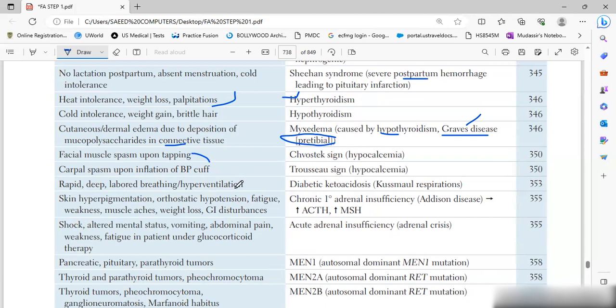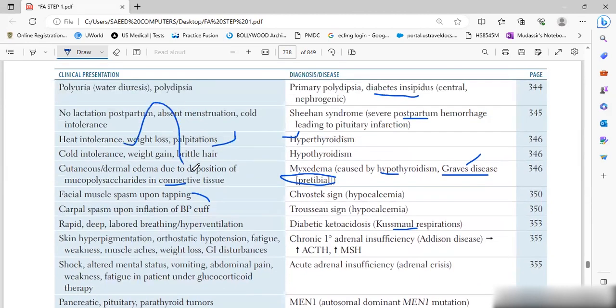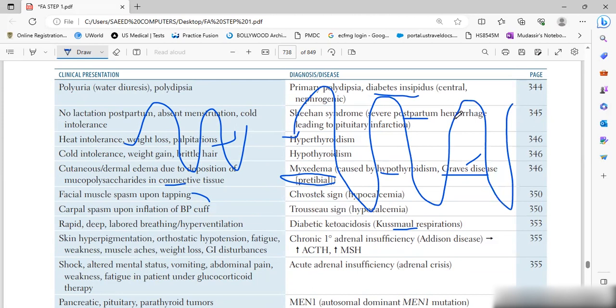Then, rapid, deep, labored breathing and hyperventilation is called Kussmaul respiration. It is given in diabetic ketoacidosis. Normal breathing is like that, but in this case it will be rapid and deep.